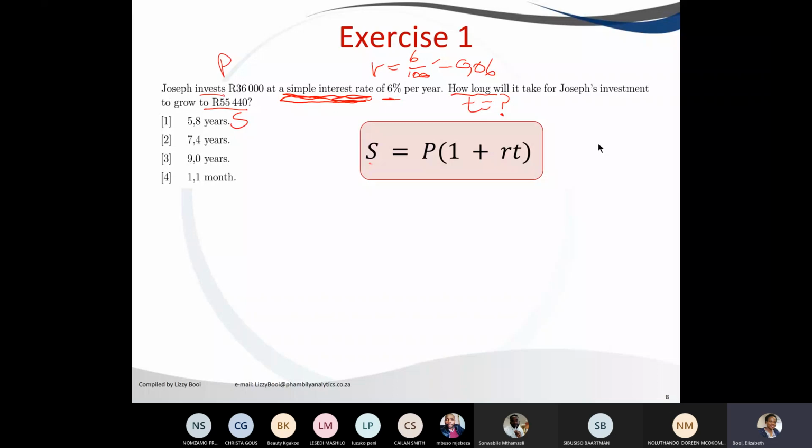We are given our future value, which is 55,440, equals our present value, which is 36,000 times 1 plus our rate, which is 0.06 T. And we need to make T the subject of the formula. You can take this value and multiply it throughout, or you can divide by 36,000.